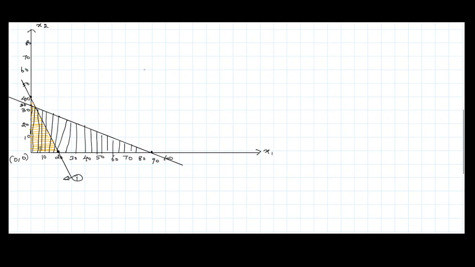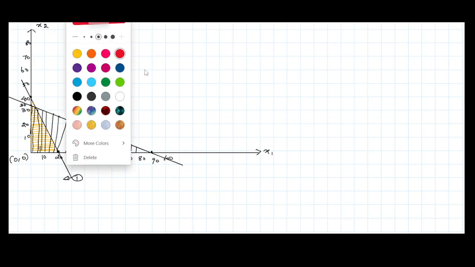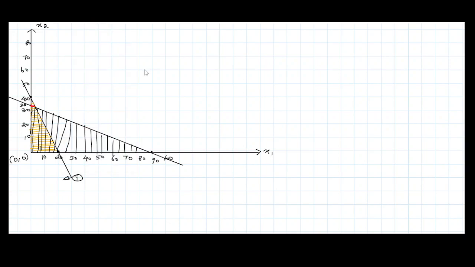The region bounded by the red line is the feasible region.